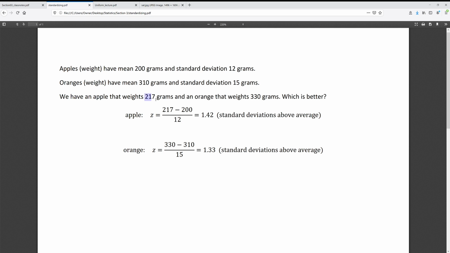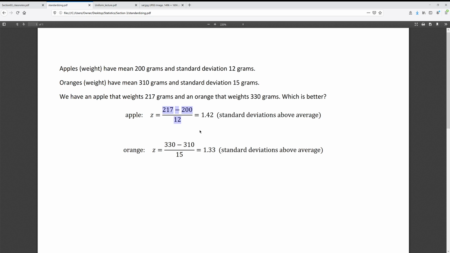They're both above average, notice. 217 compared to 200, 330 compared to 310. But which is further above average? You've got to standardize them before you can compare directly. So we'll standardize. For the apple, we'll subtract its mean and divide by its standard deviation. We'll subtract the 200 and we'll divide by the 12.